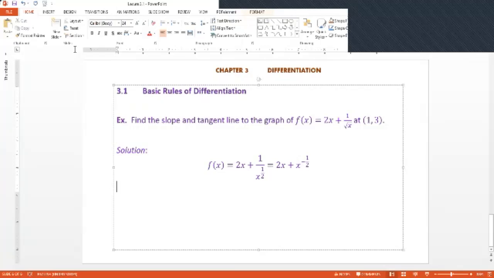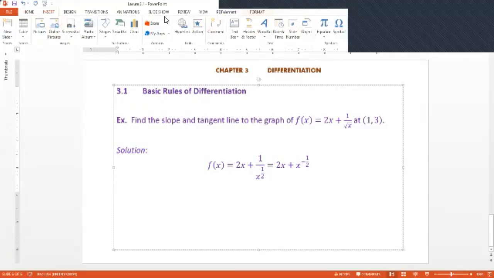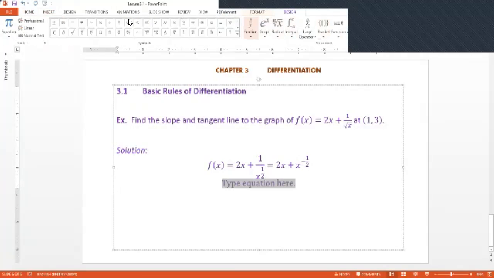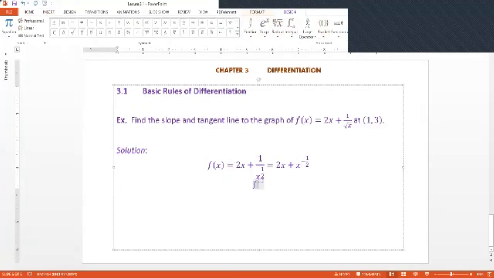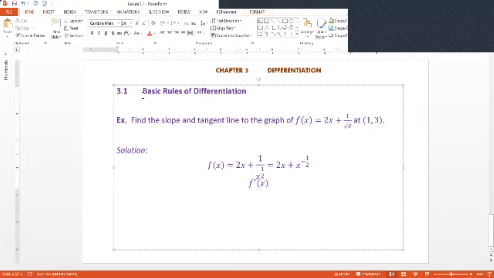So let's just do that. I'm going to write f prime. The prime means we're taking the derivative of the function. So make sure you know the notation: the notation for the derivative is prime.